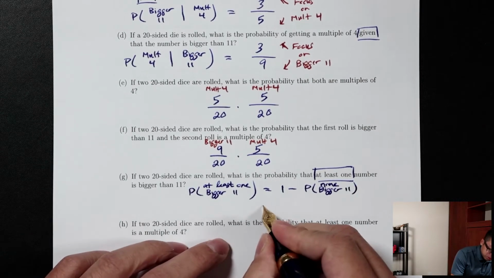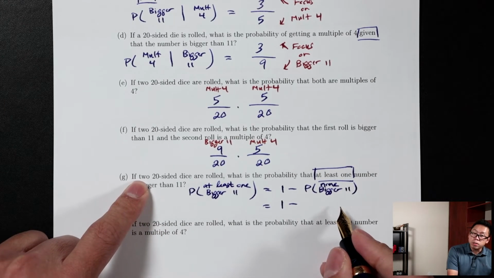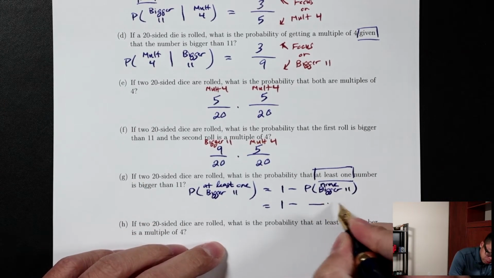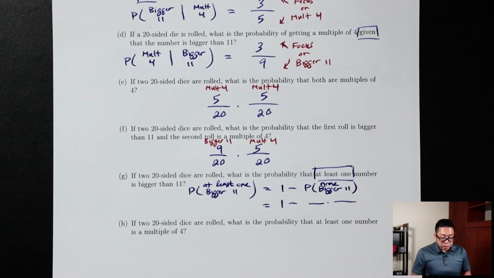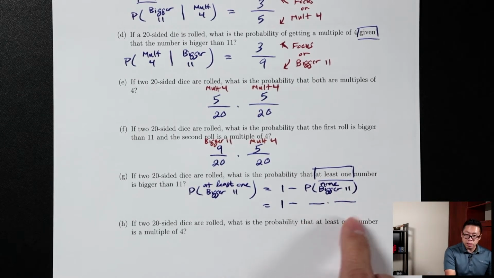So our answer is going to be 1 minus, how many fractions do I need? We're talking about 2 dice, so 2 fractions. 2 dice, both of them not bigger than 11.